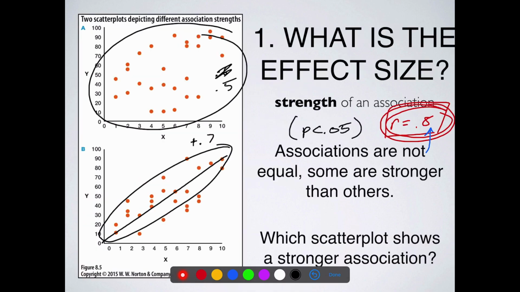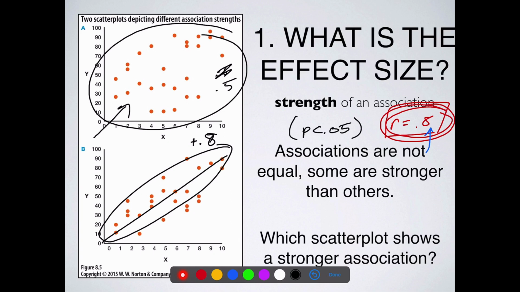Maybe more like 0.5, right? It's probably closer to 0.8. So if you see a problem like this on the exam, for example, and you see that one looks closer to looking like a line, has stronger central tendency, then it likely has a stronger effect size than something like this, right?